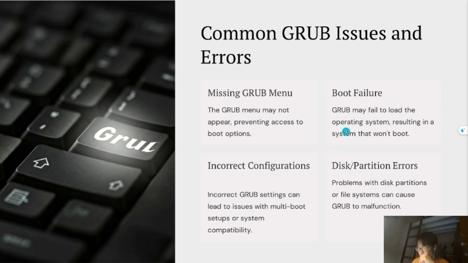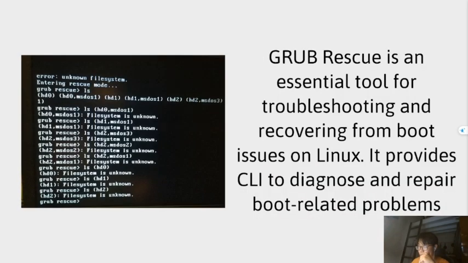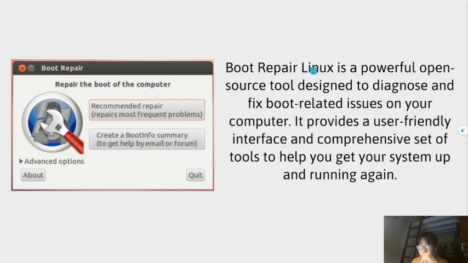The first tool I want to introduce is grub rescue. Grub rescue is an essential tool for troubleshooting and recovering from boot issues on Linux. It provides a CLI to diagnose and repair boot-related problems. And the second tool is boot repair.